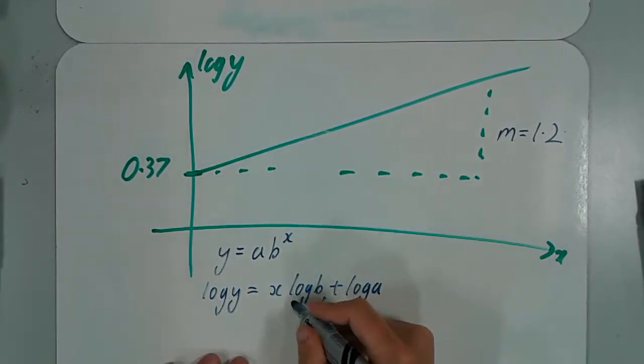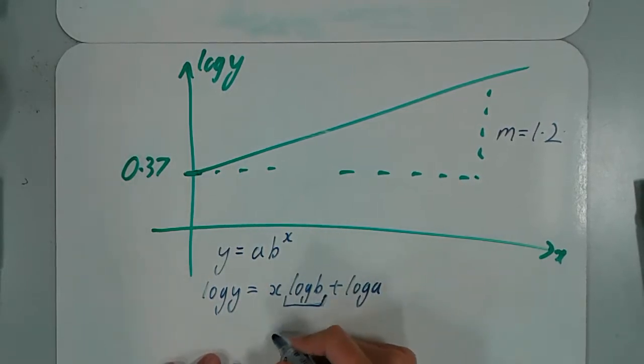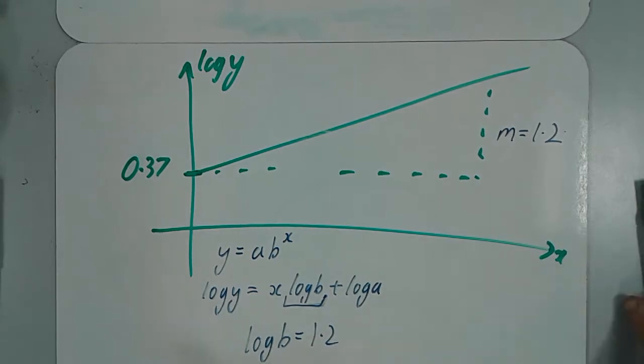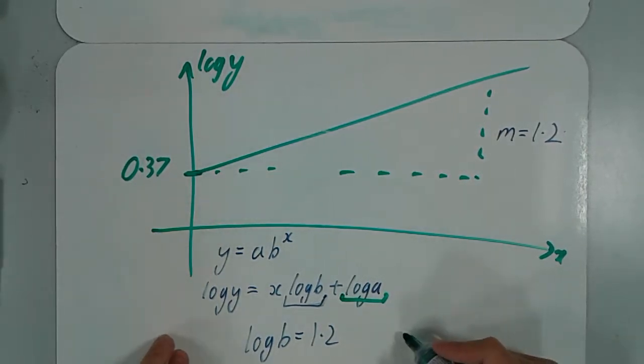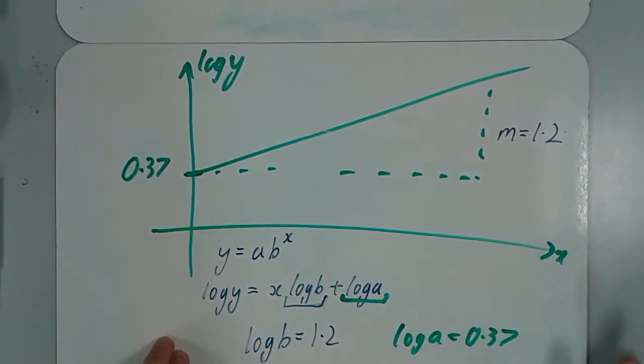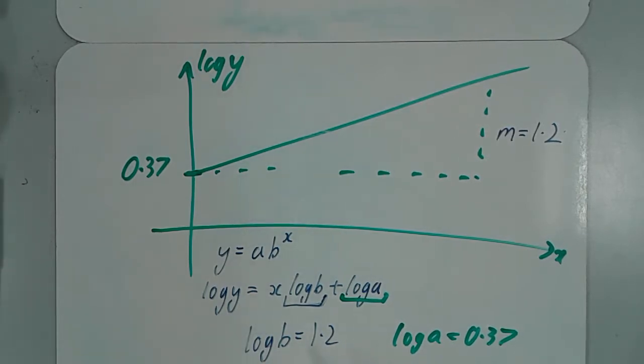That is our gradient, m, and this is our plus c, our y-intercept. Now that we know that, we should be able to just do b is equal to 10 to the power of 1.2.